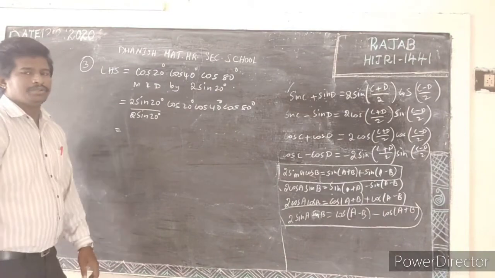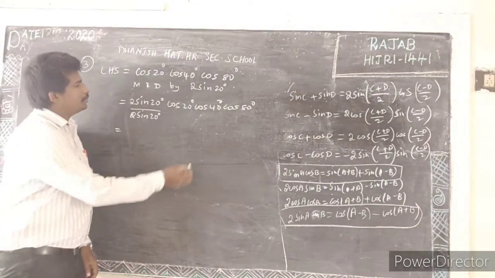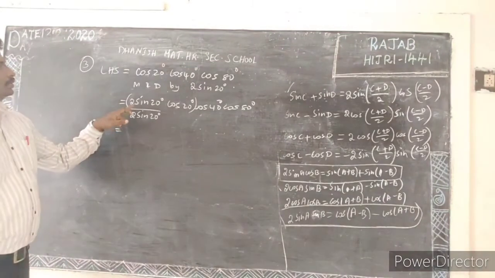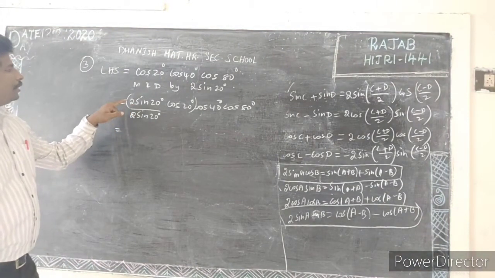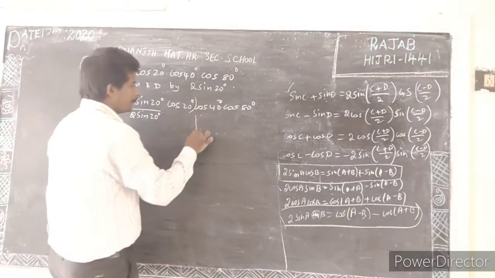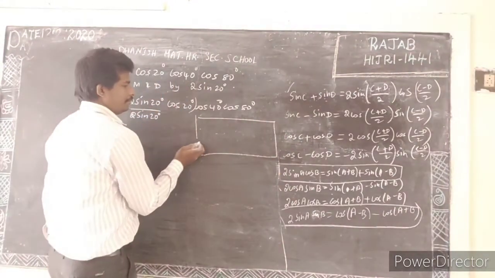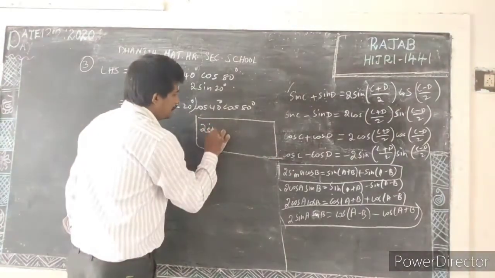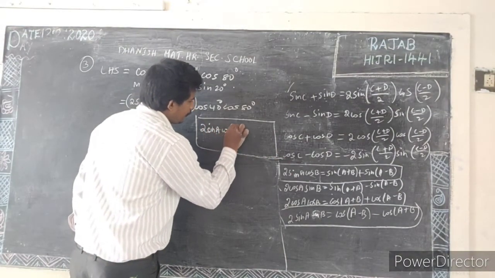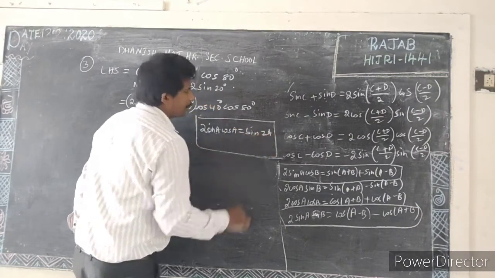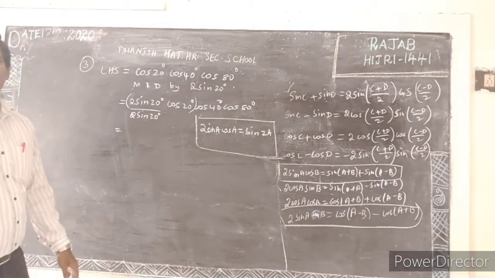Now this is equal to, now I am going to consider this part alone. So this is in the form of 2 sin A cos A. There is one identity. 2 sin A cos A equal to sin 2A. Now I am going to use the identity.